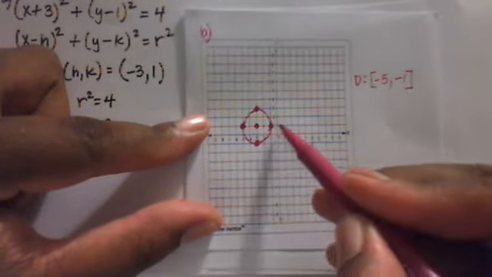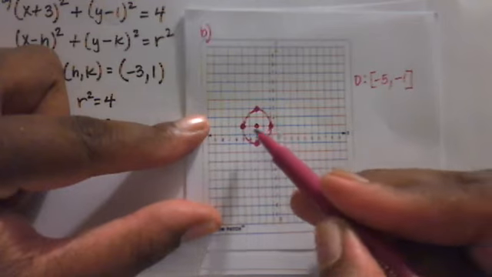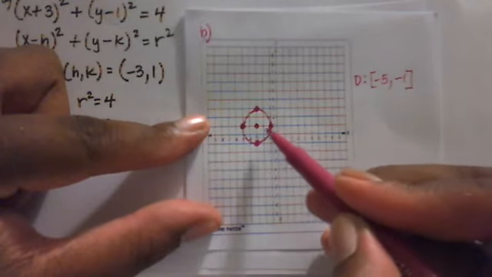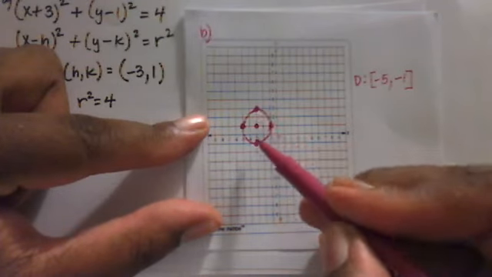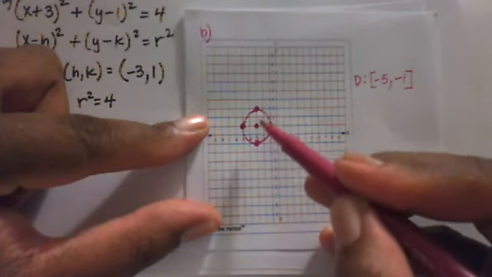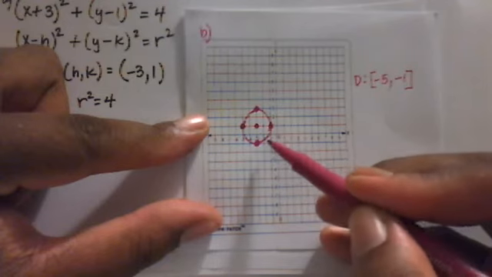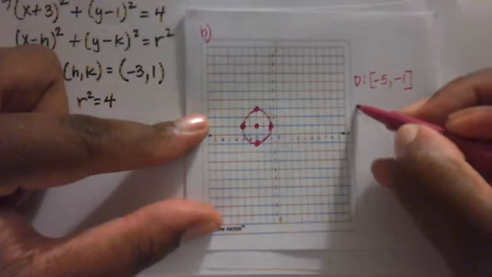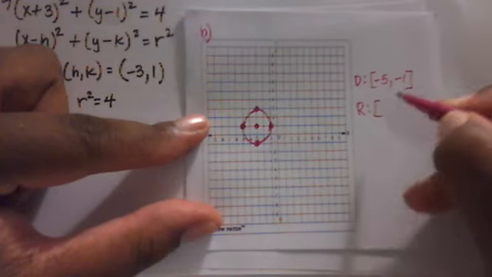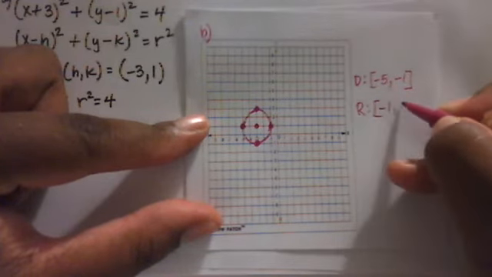Okay, so this represents how far those x coordinates are. That represents your domain. The farthest y coordinates are the ones that go up and down. The lowest y coordinate was negative 1. The highest was 3. So the range here is from negative 1 to 3.